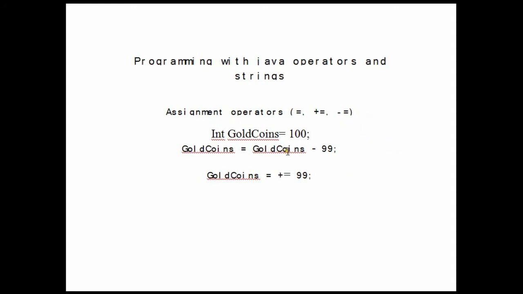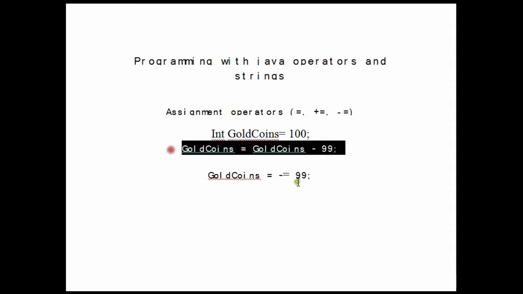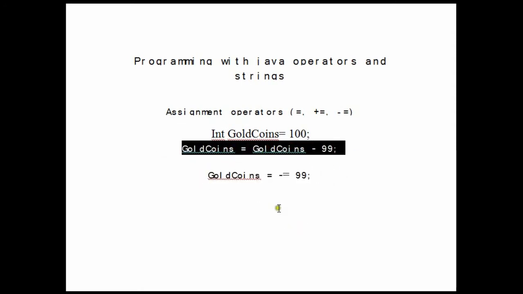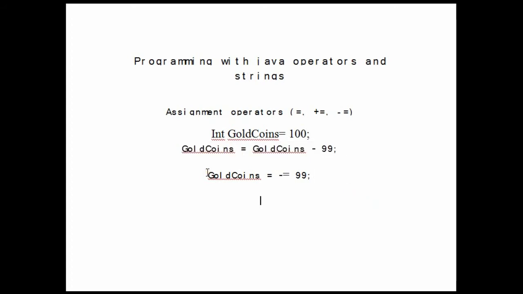So here we're saying that gold coins equals minus 99. So the answer should be 1. So this is exactly the same as this. That is exactly the same as this. If you run these both within the Java compiler, you should see that they both give you the same result. So the result should be 1.